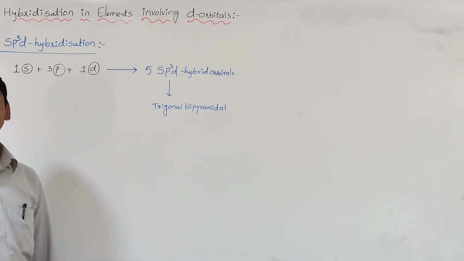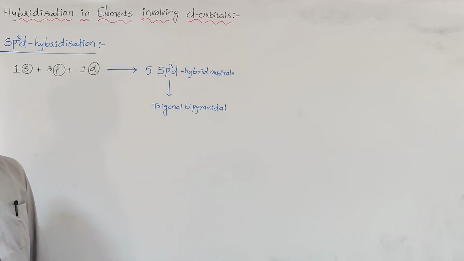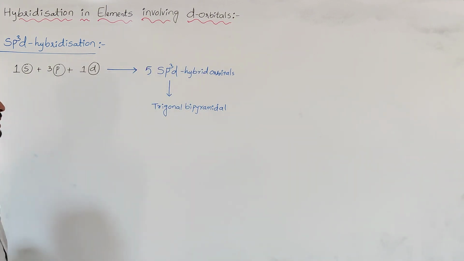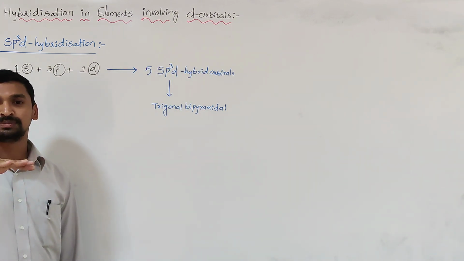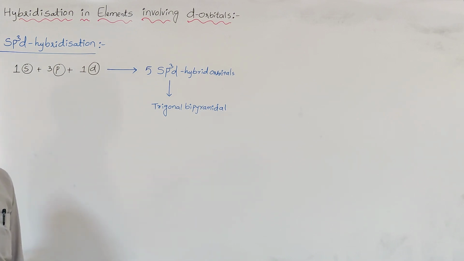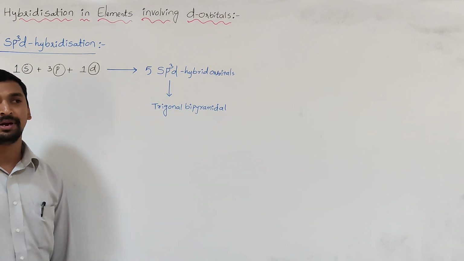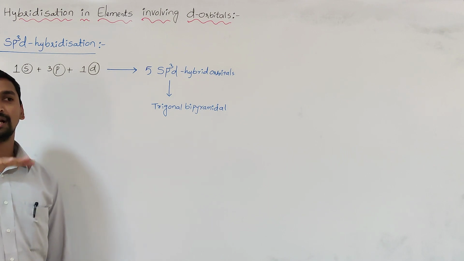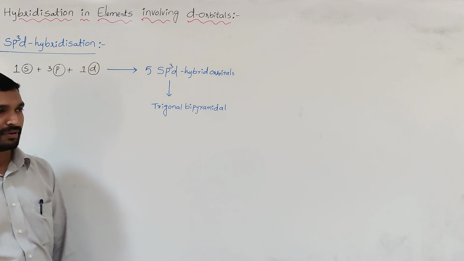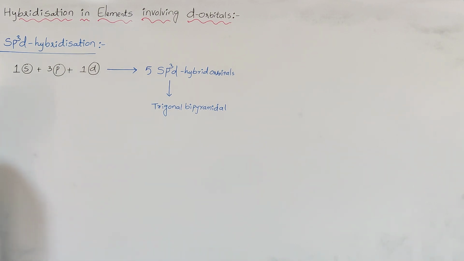Three bonds are present on the plane, and 2 are perpendicular to the plane, one above and another below. So out of the 5 sp3d hybrid orbitals, 3 point towards the corners of an equilateral triangle, and the remaining 2 are perpendicular to the trigonal plane, one above and another below. That results in trigonal bipyramidal geometry.